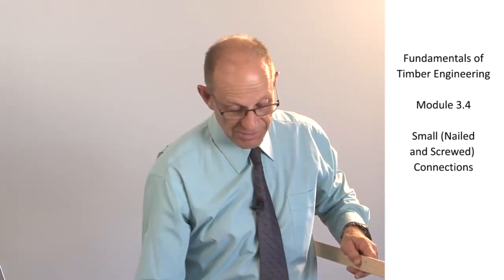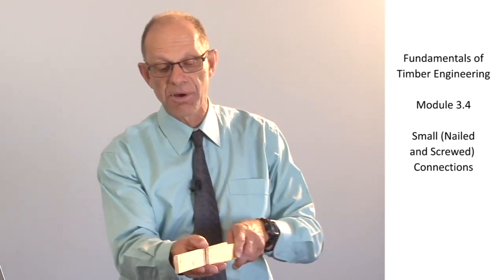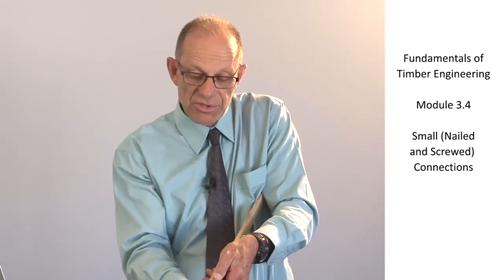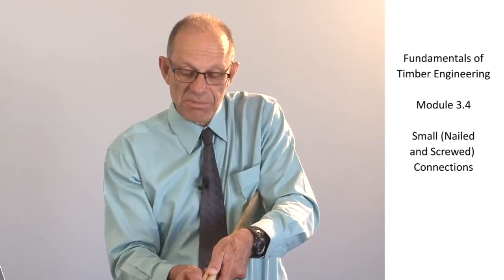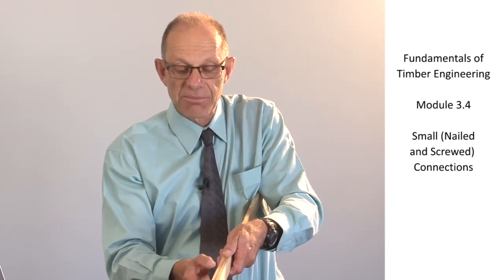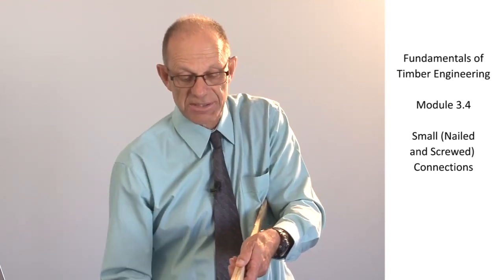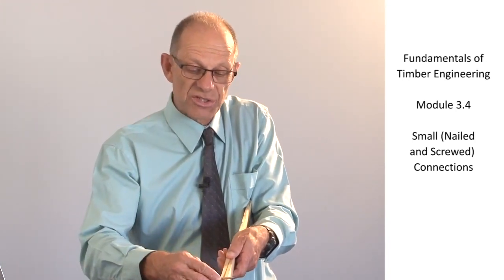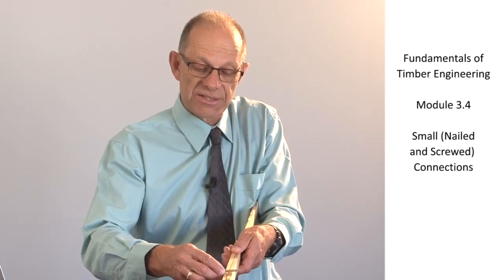The K14 factor relates to the number of shear planes across the connection. So here I'm using 2 pieces of timber and there is 1 shear plane. If I'm using 3 pieces of timber, I will create 2 shear planes. And it's importantly the number of shear planes across the shaft of a single fastener that we're counting.